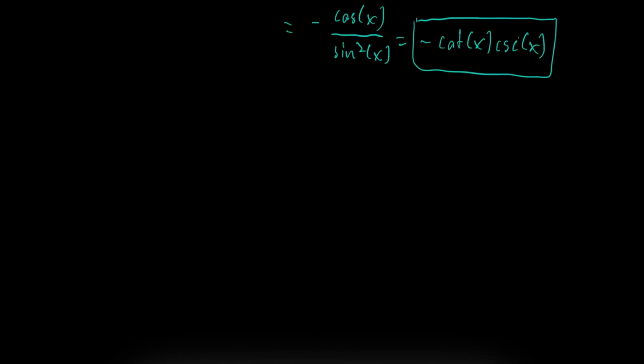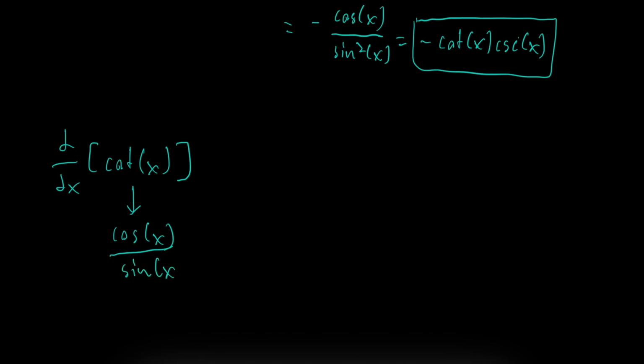All right, let's do one more example here. Let's do the derivative of cotangent of x, right? I think I'm going to save the inverse functions for another video, right? But let's worry about this for now. So you can rewrite cotangent of x as cos of x over sine of x, right? We're taking the derivative of cosine of x over sine of x.